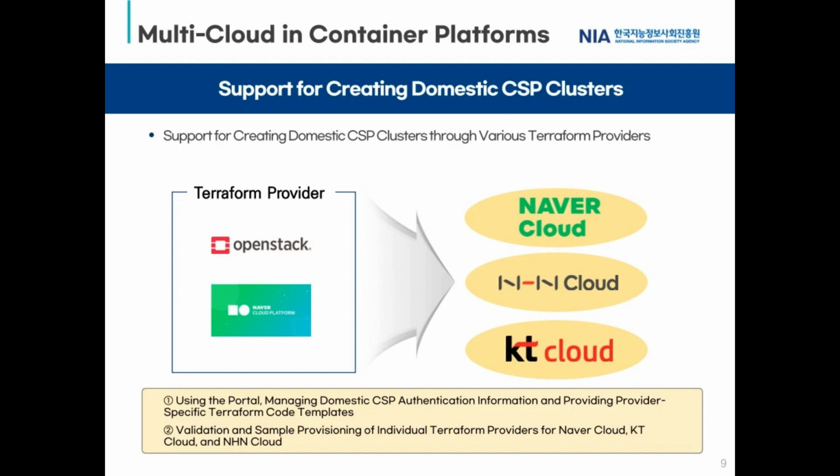For NHN Cloud and KD Cloud, which both provide IaaS based on OpenStack, we plan to conduct internal testing using the OpenStack provider of Terraform. Subsequently, we will provide infrastructure as code scripts tailored to each CSP and enable automatic cluster creation and management through the Container Platform portal. Naver is also registered as its own provider within Terraform and offers IaC scripts as samples.